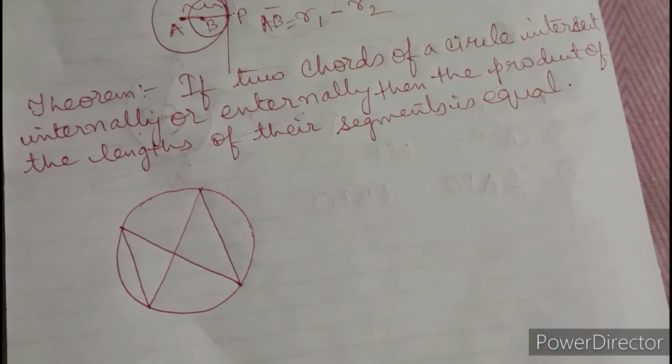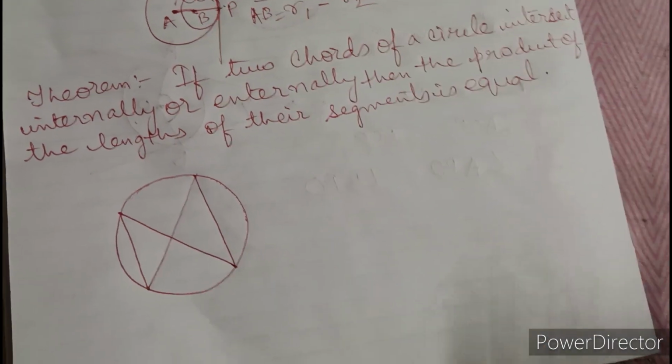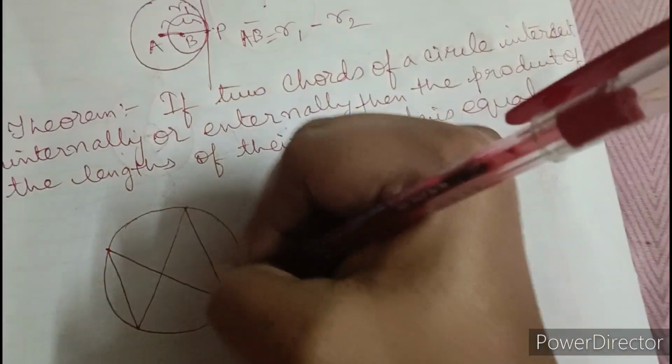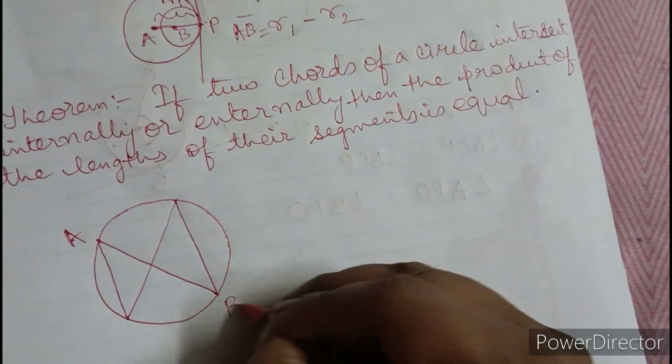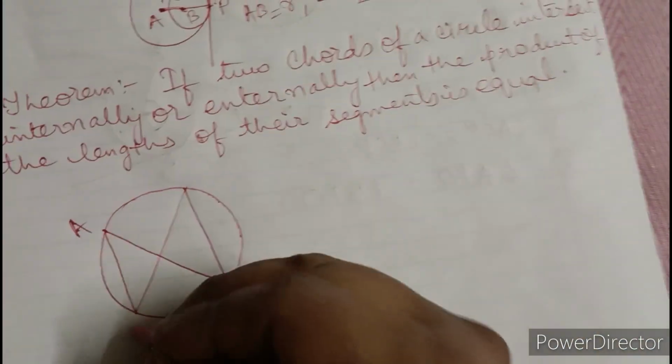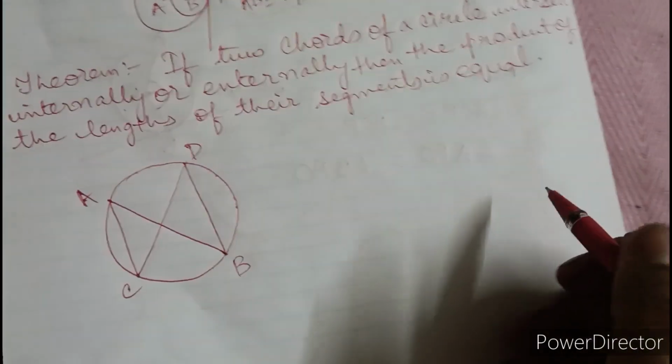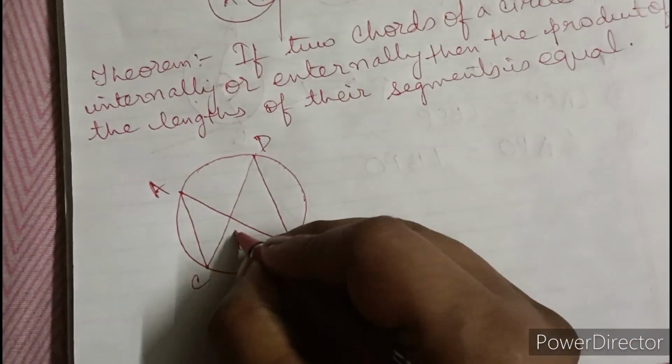Let us name this one chord AB and another chord CD. AB and CD are intersecting at the point P, this is the point of intersection.